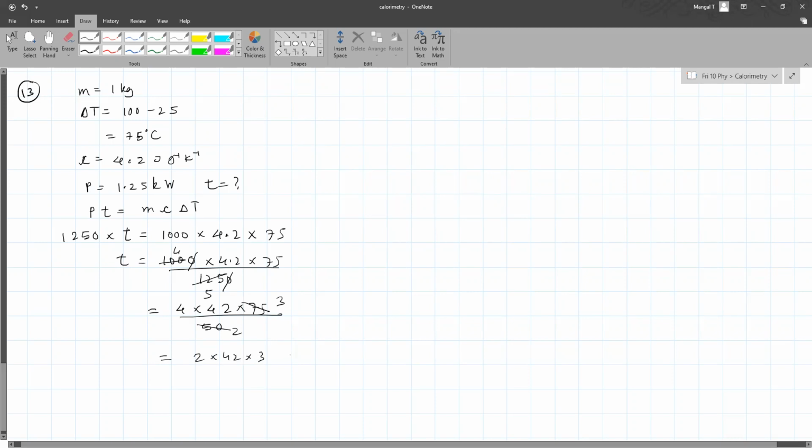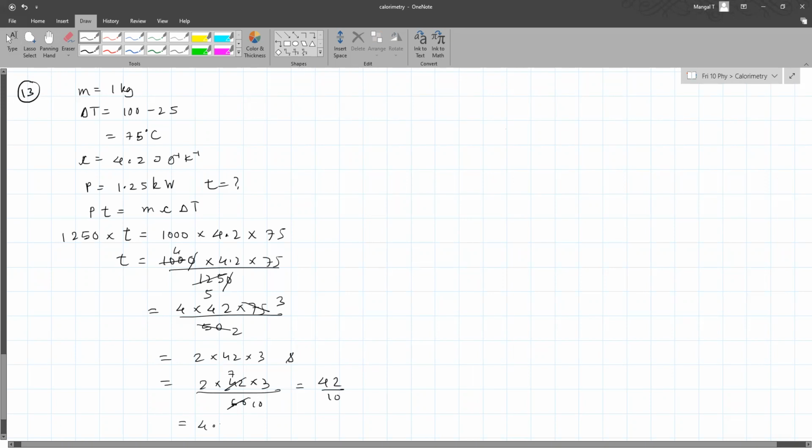Now these many seconds, you can write your answer in that. If you wish to write it in minutes, you have an option, that will be 60. 7 2s are 14. 14 into 3, that will be 42.